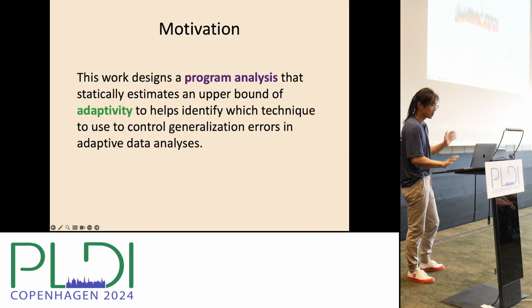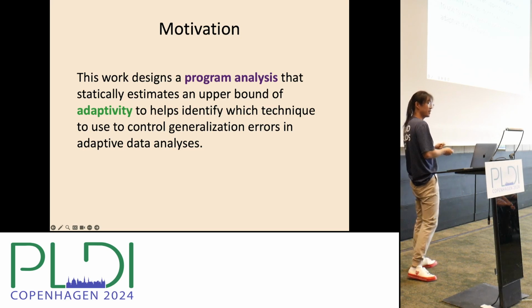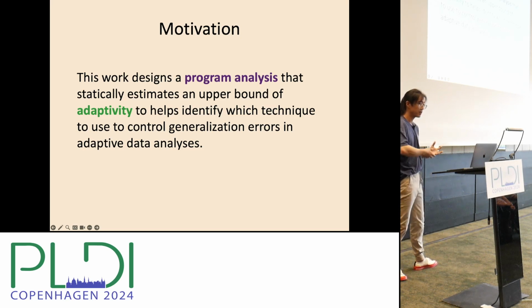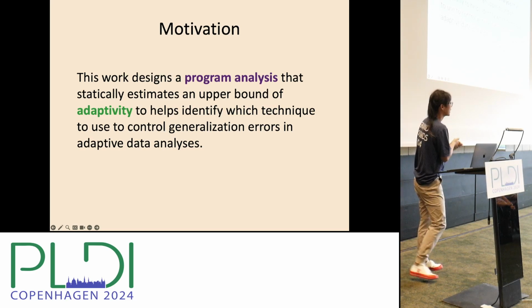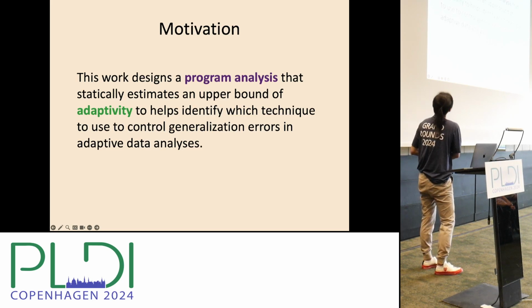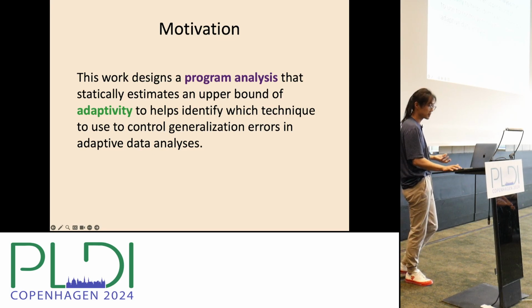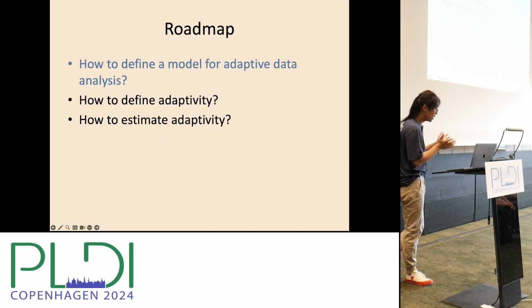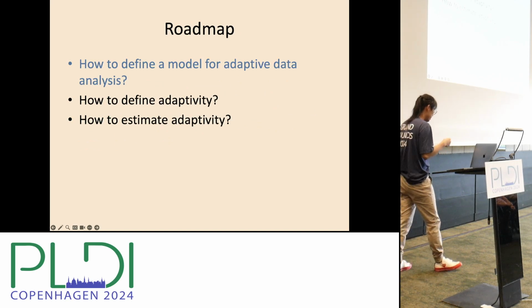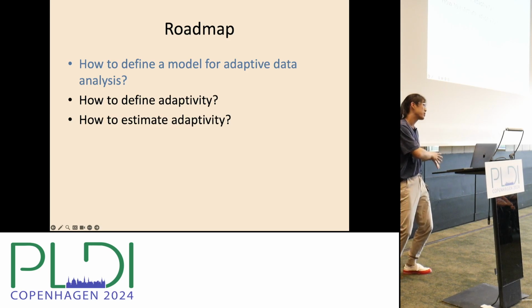Based on these observations, we designed a program analysis that statically estimates an upper bound on this adaptivity, so that it can help people identify which mechanism to use and control the generalization errors in adaptive data analysis. To this end, we need to answer a few questions. The first is how to define the models for adaptive data analysis.